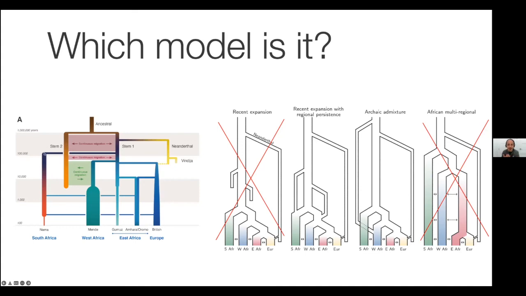So we don't have evidence for, say, a single population living in South Africa in relative isolation for more than 100,000 years, for example. I had anthropologists tell me that I'm not interpreting this African multi-regional model completely right, so people can push back a bit on that.